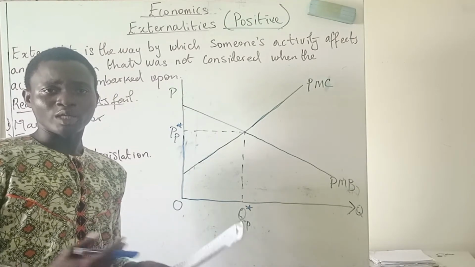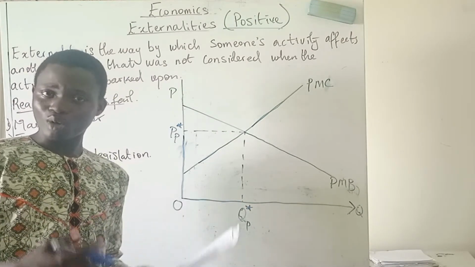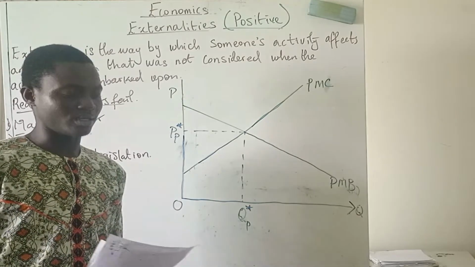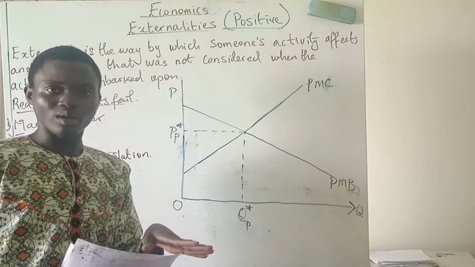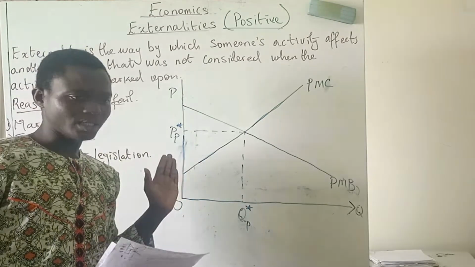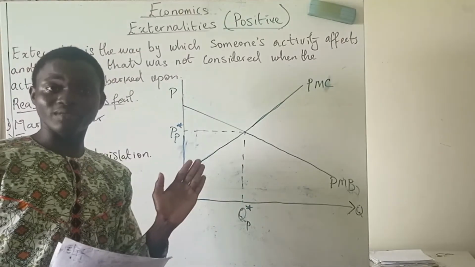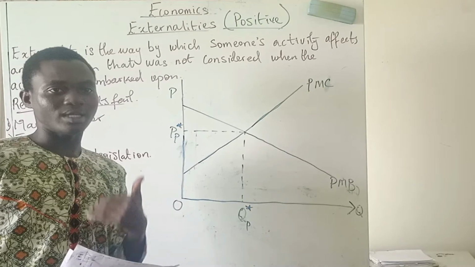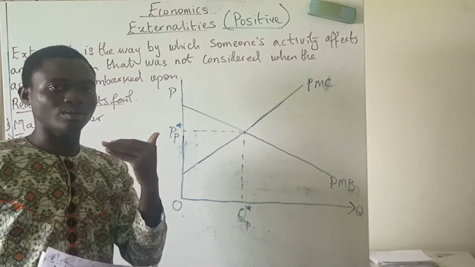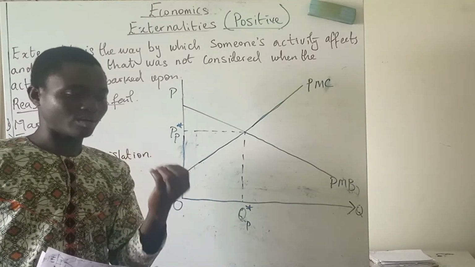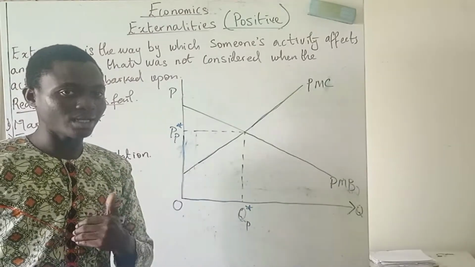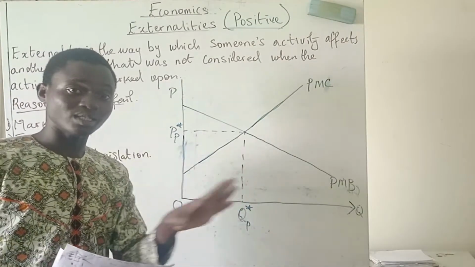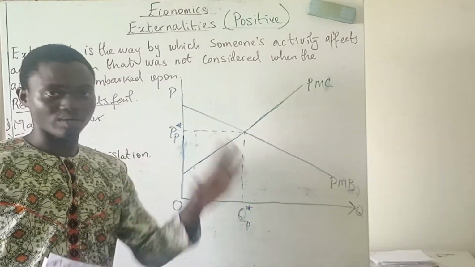That means you want people to be educated more than their personal decision results in. Because of that, a positive externality results, and that simply means that the society's optimal quantity of education is going to be greater than what the market is going to give you ordinarily.